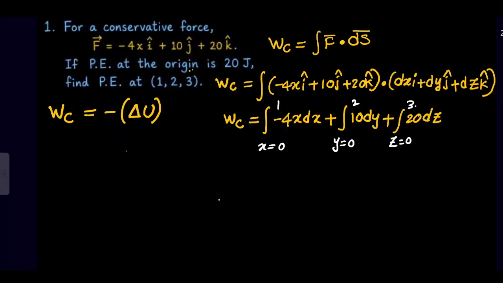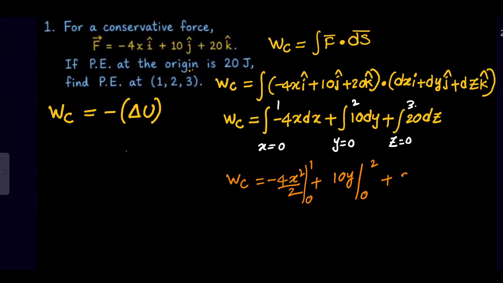The work done is equal to minus 4 into x squared by 2, limits 0 to 1, plus 10 into y, limits 0 to 2, plus 20 into z, limits 0 to 3.